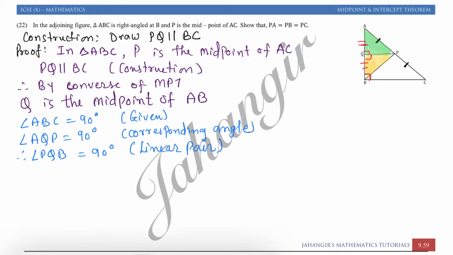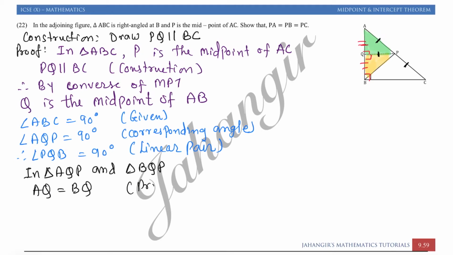Now we will consider two triangles and we'll make that triangle congruent. This side is common side. We'll take in triangle AQP and triangle BQP, AQ is equal to BQ, proved. Angle AQP is equal to angle BQP, each angle 90 degree.